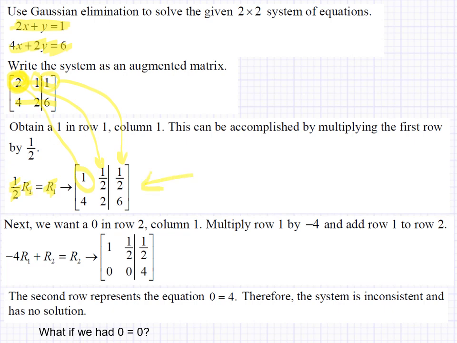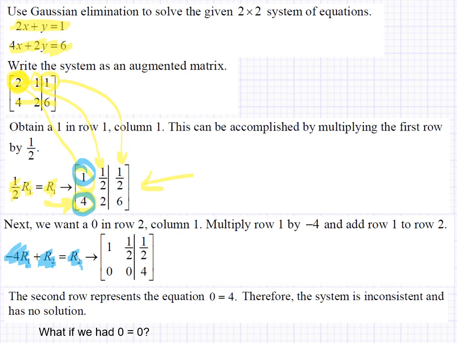Next, I want to make this value here a 0. So what I'm going to do is take this value here, multiply it by -4, then add it to this value. So -4 times row 1 plus row 2 will give me my new row 2.